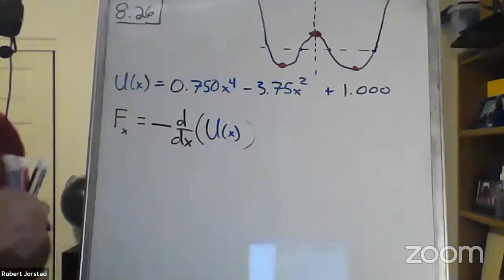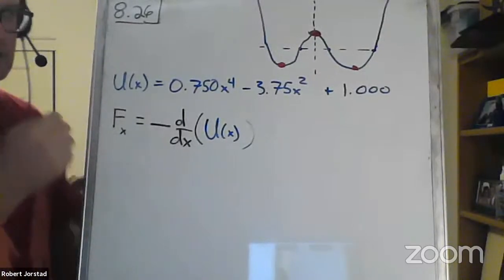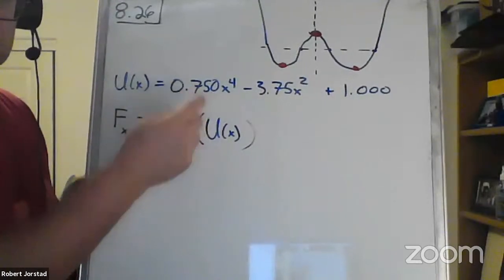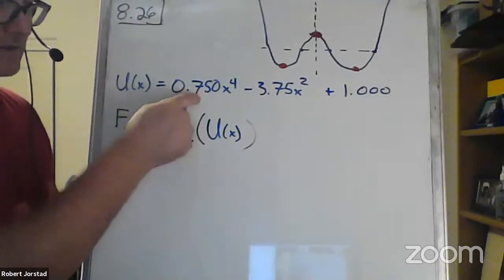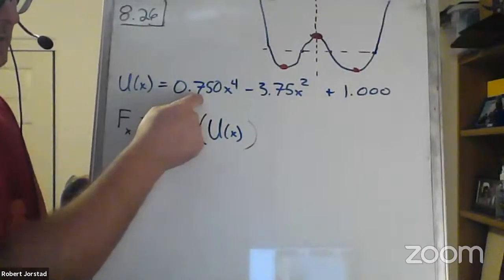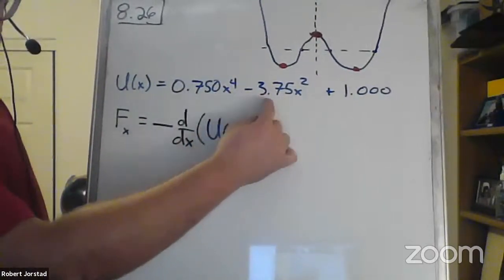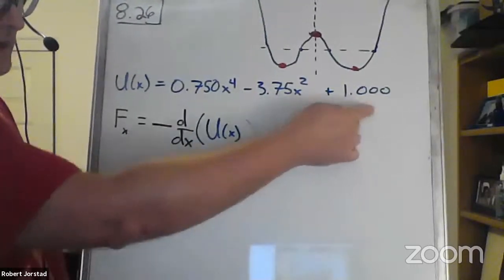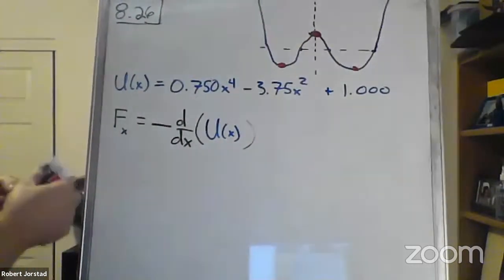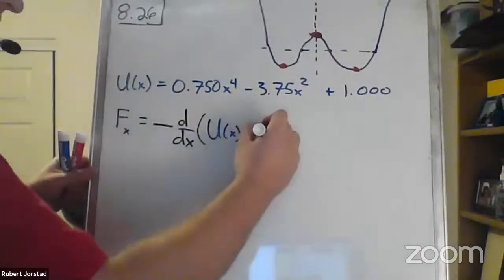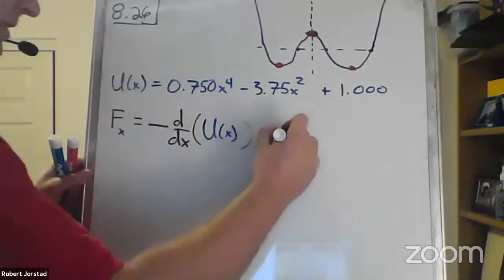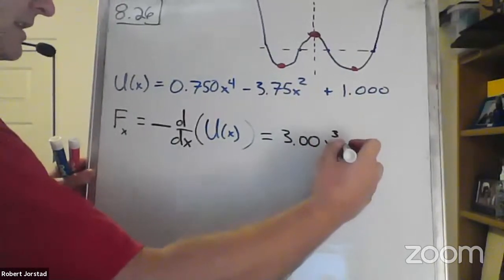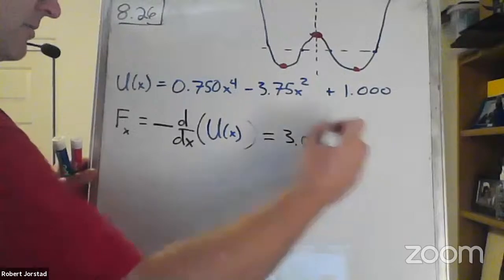I bet you could take a derivative of this pretty quickly. The first term, we should get a -3 because there's a minus sign, and 4 times 3/4 is 3. And then 2 times this, what's that going to be? 7.5 and positive. And here that term would just drop out. So hopefully you agree the force is equal to, let me not screw this up now, hopefully it's -3.00 x cubed, with a negative, right?